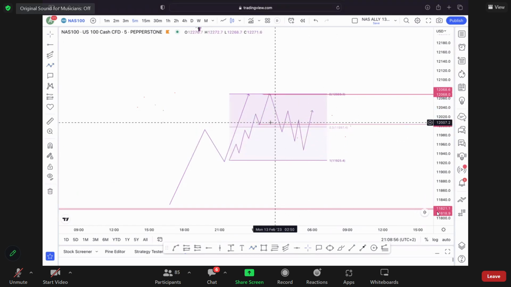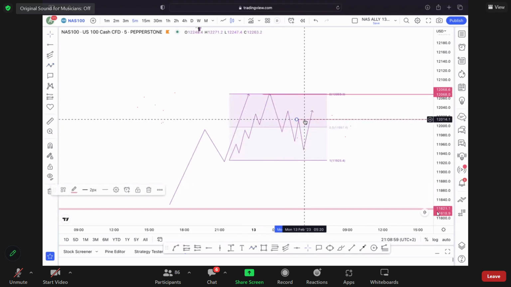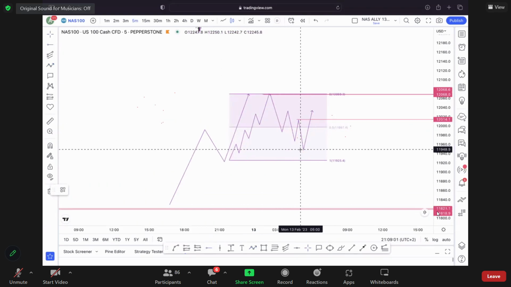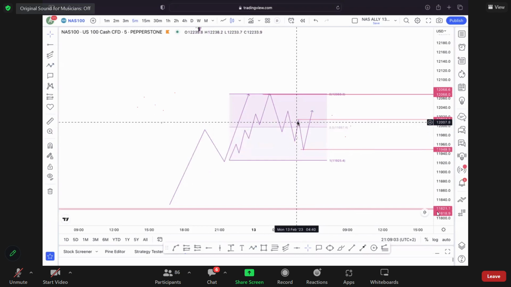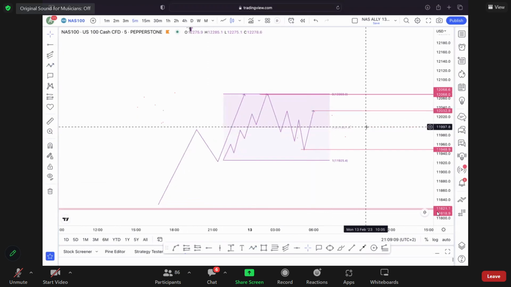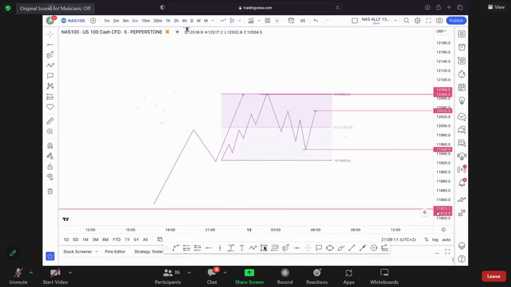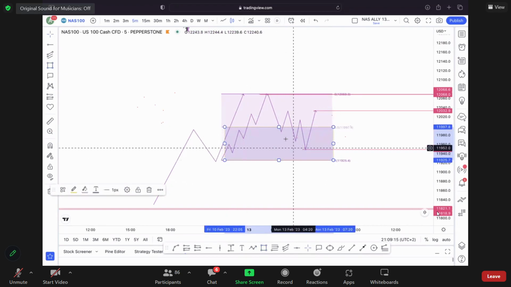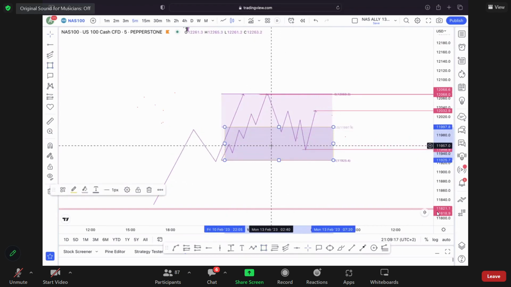So once the market fractally takes out this high, now you've got a new trading range. So can you see? Essentially, first, we were looking just to buy somewhere here in discount.